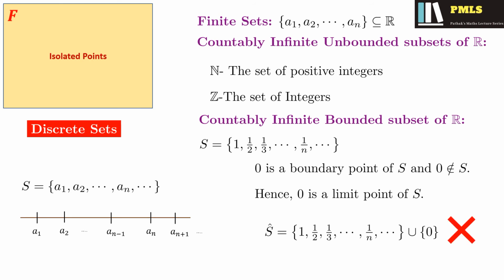So S is a discrete set, but S hat is not a discrete set because S hat contains a limit point. Lastly, we are going to introduce dense sets.